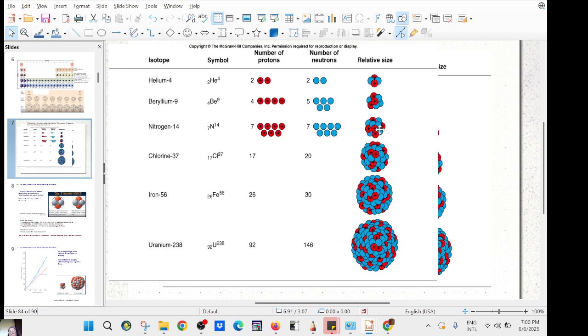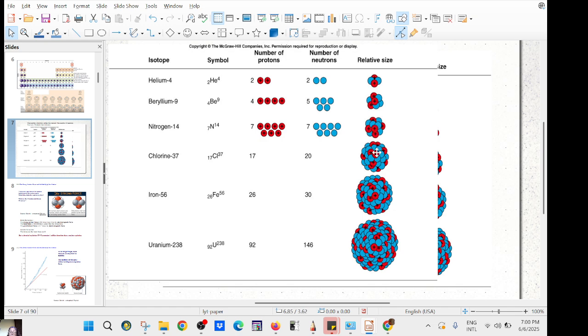It will be less because you need that binding energy, that negative potential energy, because you have the glue. The energy is in that negative binding and that negative potential energy. So it's like a glue.